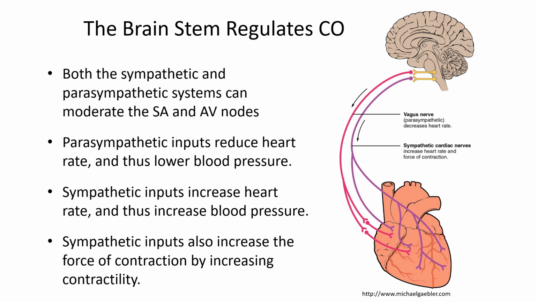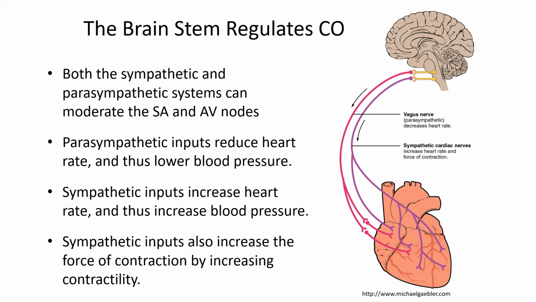Nerve cells that ultimately regulate cardiac output are found within the medulla oblongata of the brainstem. Here we have nerves that will send off signals to the SA and AV nodes. We have the vagus nerve that's going to carry parasympathetic inputs that will reduce heart rate and lower blood pressure. So the inputs from the vagus nerve maintain a resting heart rate.